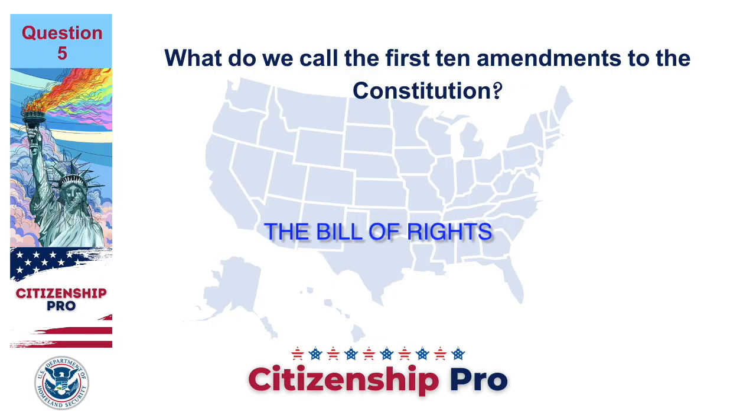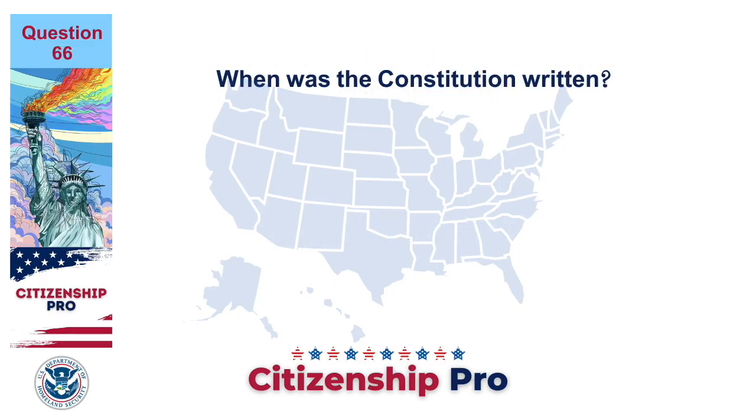The Bill of Rights. When was the Constitution written? 1787.